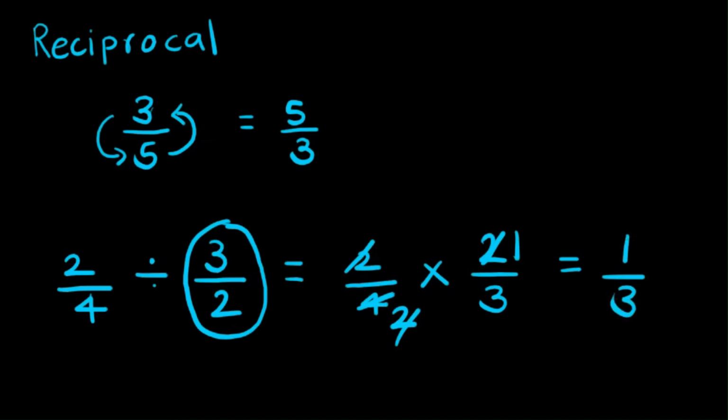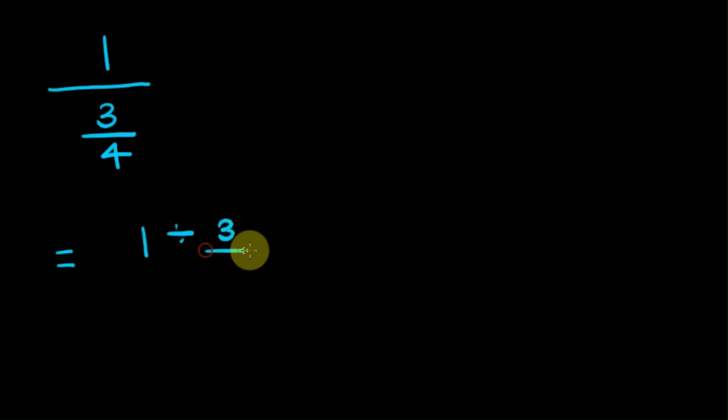Now let's see what happens when we divide 1 by a fraction. Let's take 3 upon 4. This is 1 divided by 3 upon 4, which is also 1 multiplied by 4 upon 3.